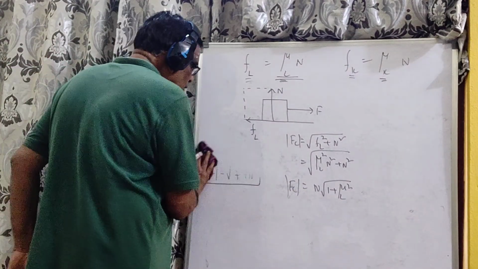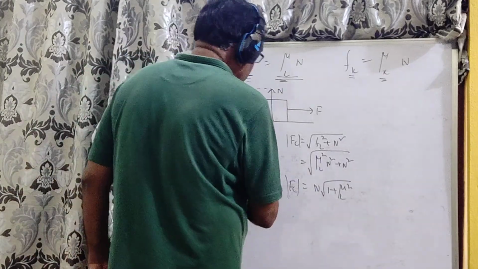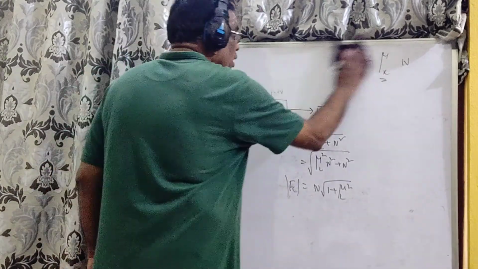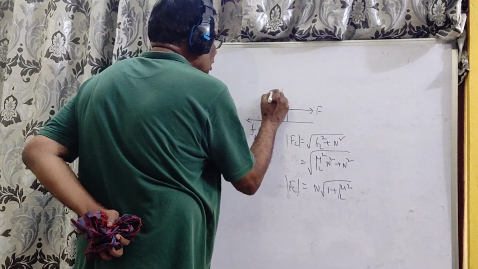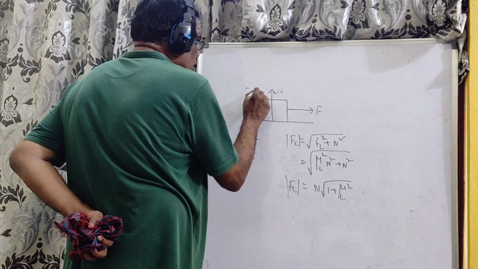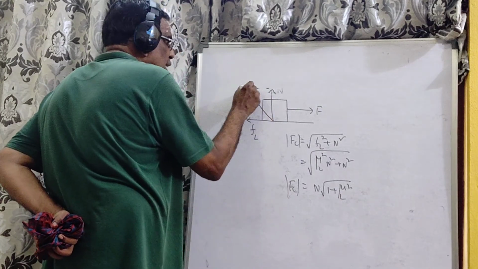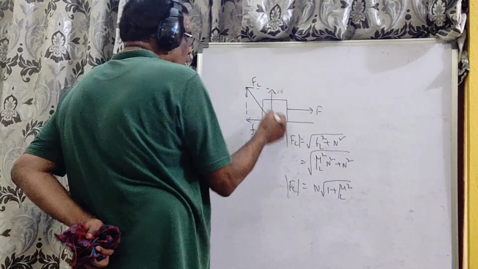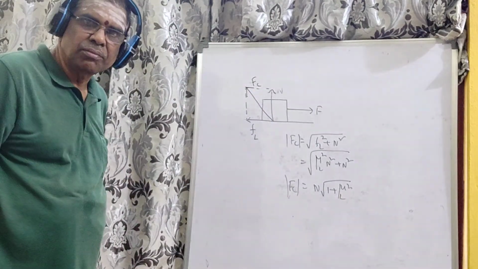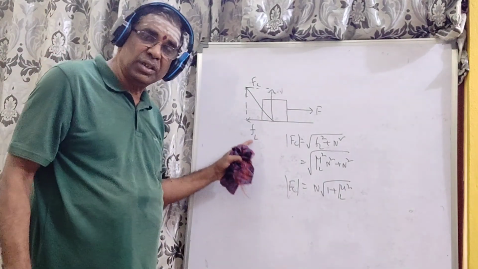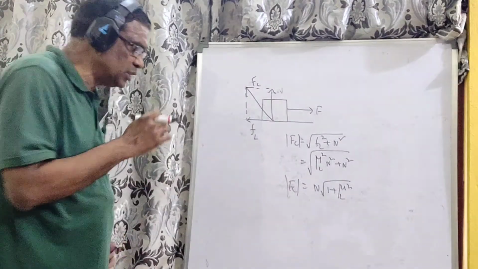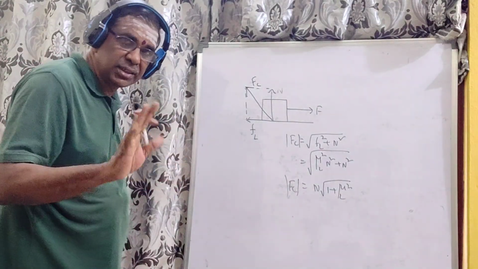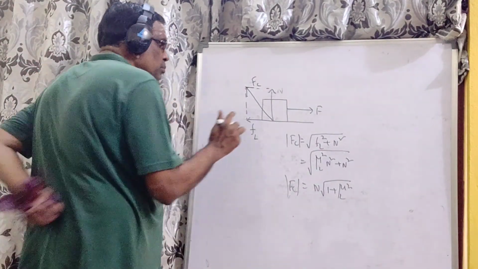I'm going to continue discussion on this. How I do that you can see now. This is the resultant contact force. The moment I write L, that means the body is about to move, not yet started moving.